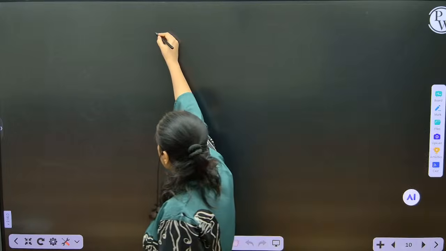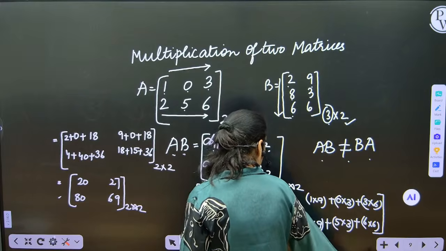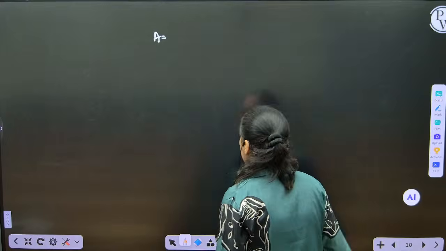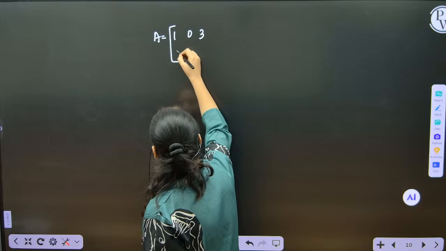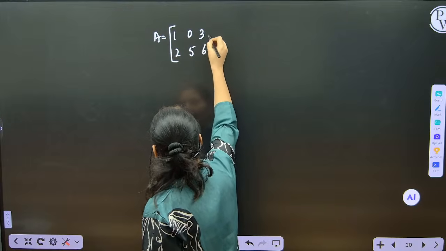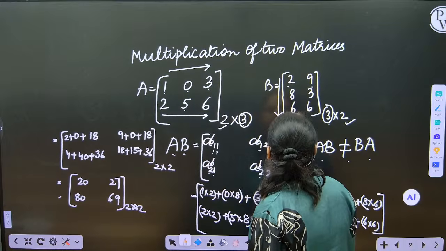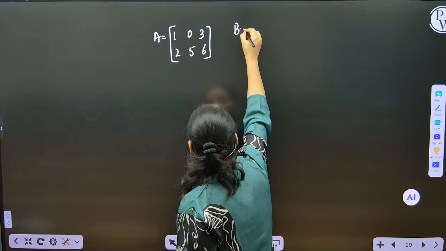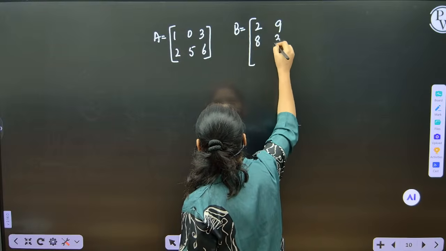Which two matrices were there? A was 1, 0, 3, 2, 5, 6, and B is 2, 9, 8, 3, 6, 6.